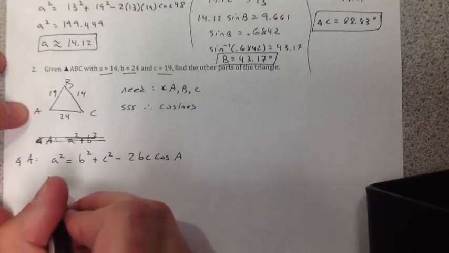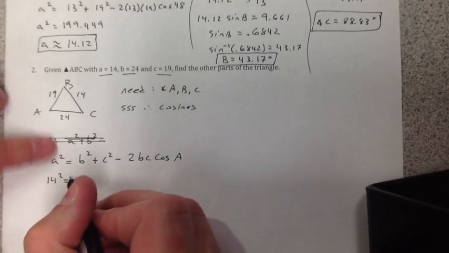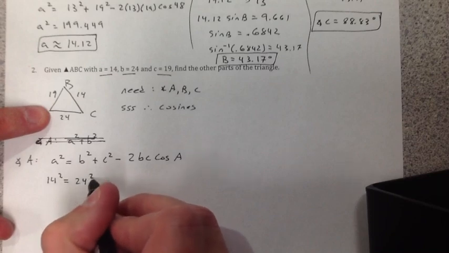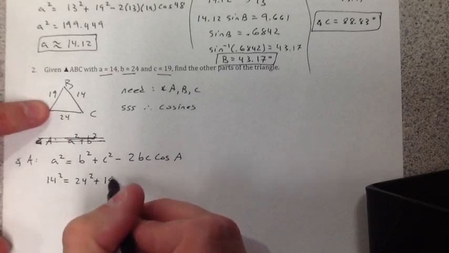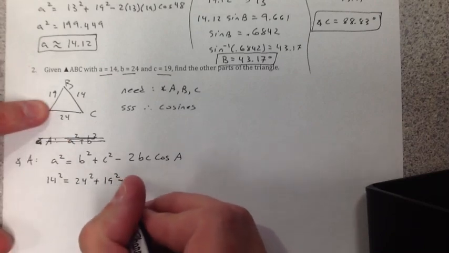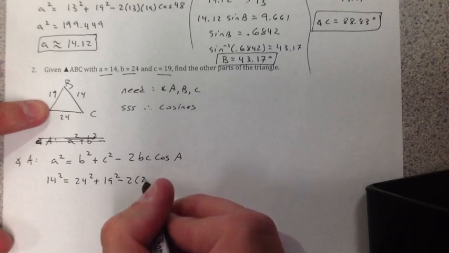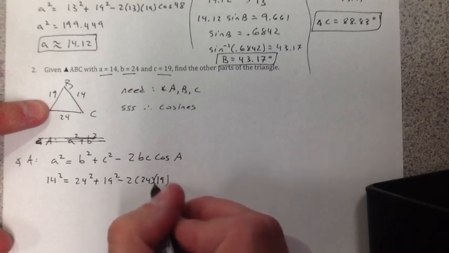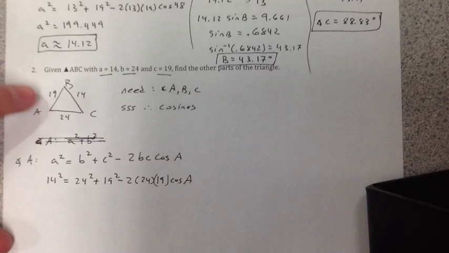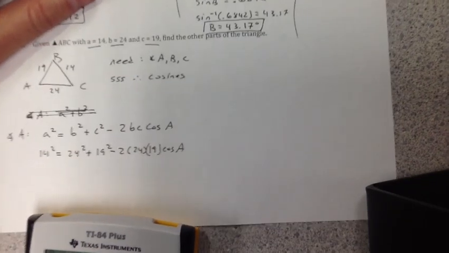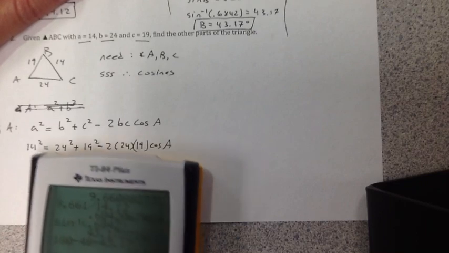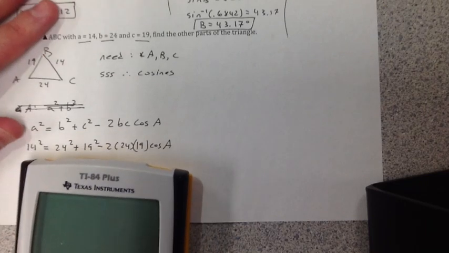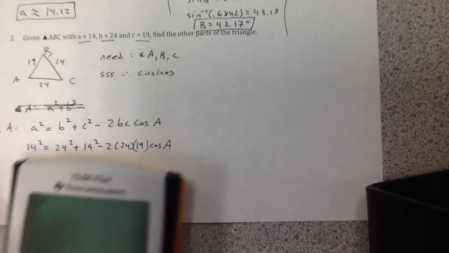So I can go 14 squared equals b squared, which is 24 squared, plus c squared, which is 19 squared, minus 2 times 24 times 19 times the cosine of A. And it's just simplifying it. Okay? We just type all of this in our calculator. For example, 14 squared, well, we don't need that one.